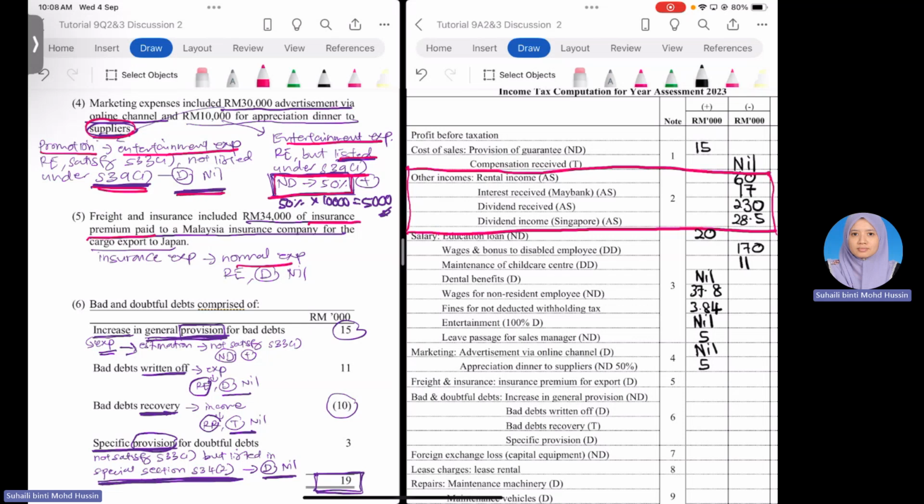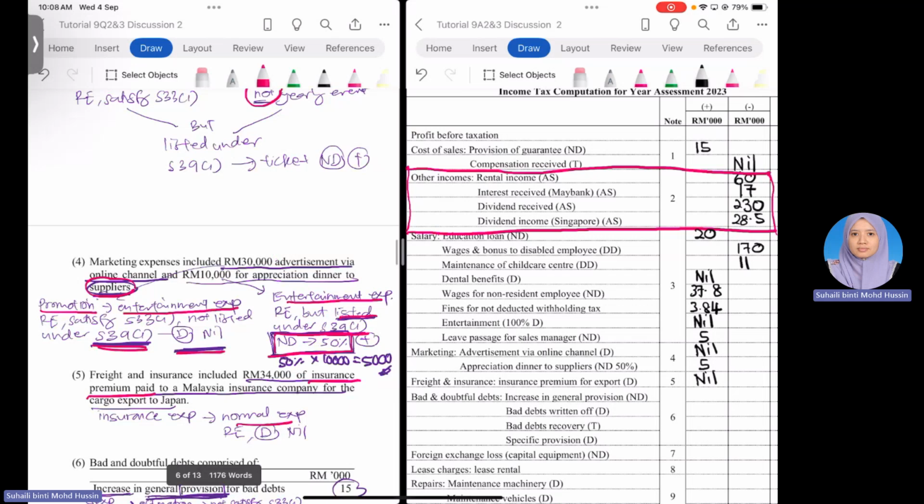So no issue, you already deducted this amount in SOCI, 34,000 ringgit. In the taxation, this amount is allowed for deduction, so no further adjustment is needed. Just record nil to show that this amount is already deducted in the SOCI.